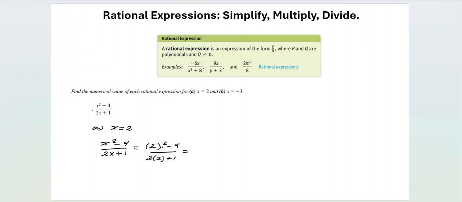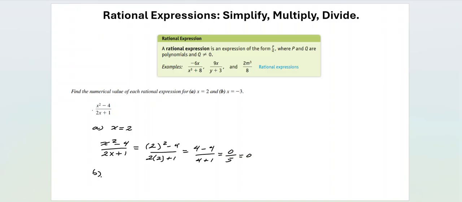What is 2 squared? 2 squared is 4, so we get 4 minus 4 over 2 times 2 is 4, plus 1. 4 minus 4 is 0 over 4 plus 1 is 5, and 0 over 5 is going to be 0. So here we get that when x is 2, the value of the expression is 0, right? So what are we doing here? We're just evaluating the expression at x equal to 2, basically substituting the x by 2 and then calculating the value of the expression.